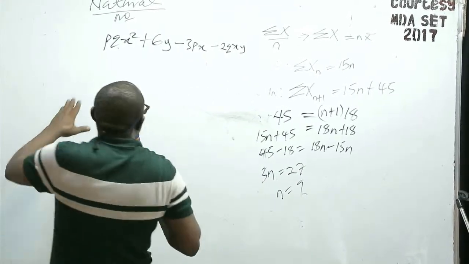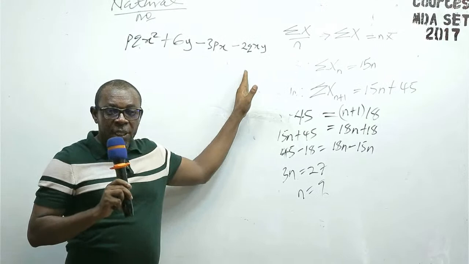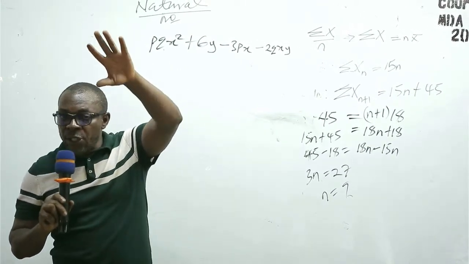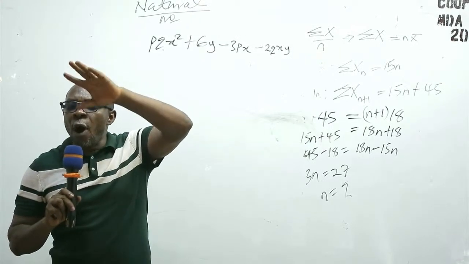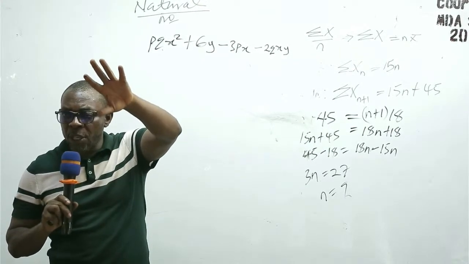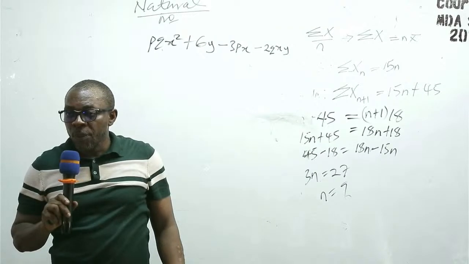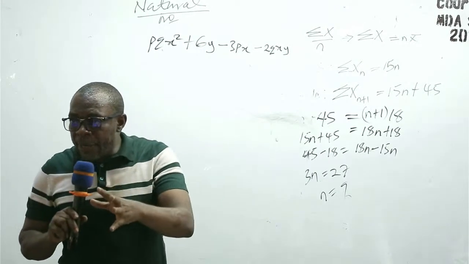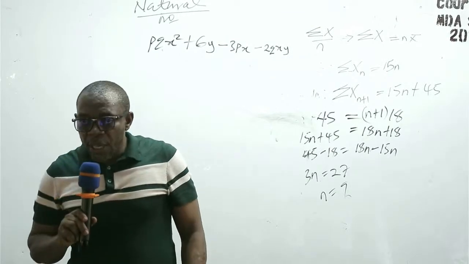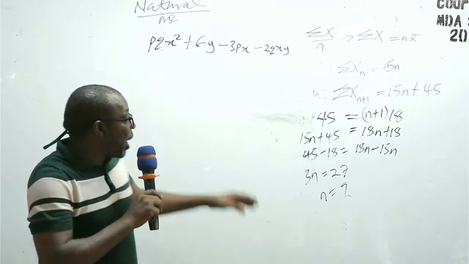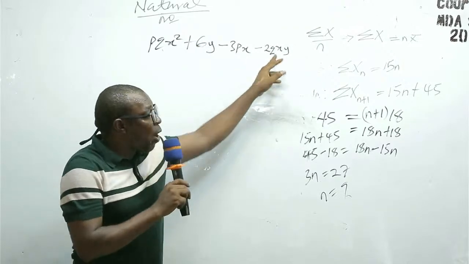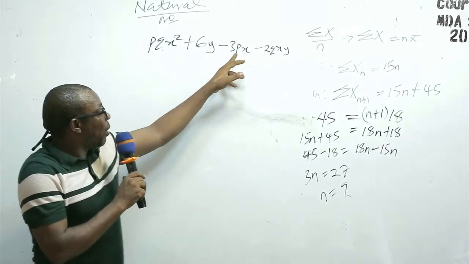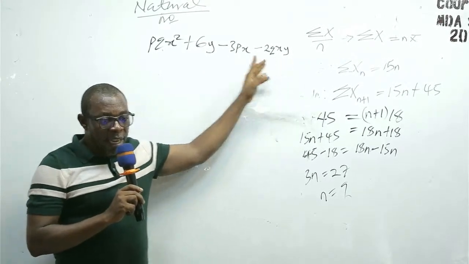Please, whenever you are factorizing an algebraic expression involving 4 terms, all you need to do is to group them in pairs. So we have 1, 2, 3, 4. I'll group them in pairs. Look at the first pair here, and look at the second pair here.